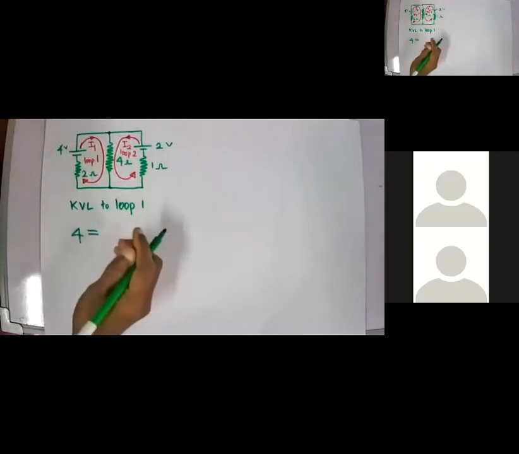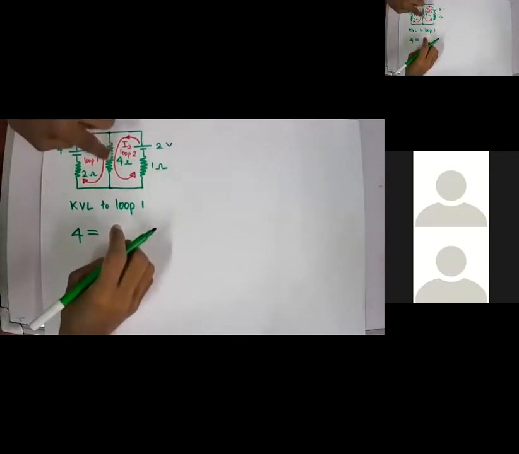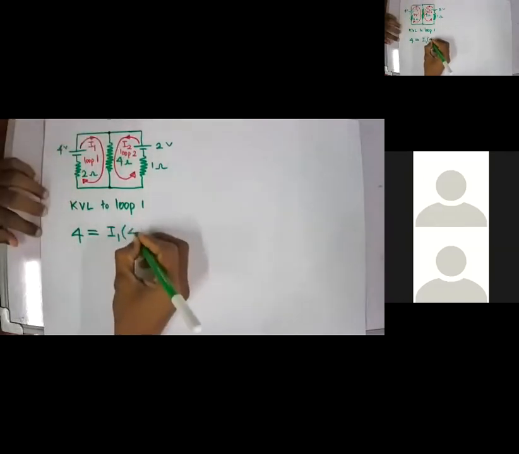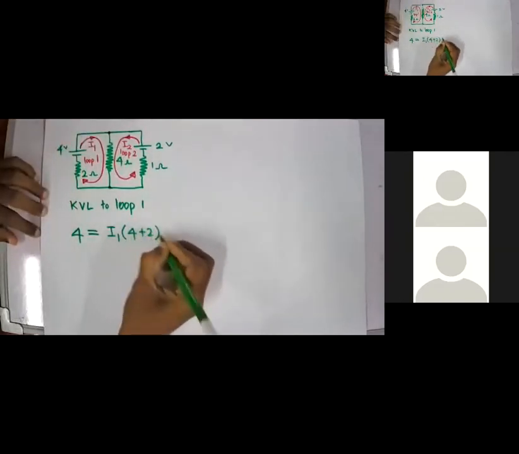So there is only one battery. Of course, the current is started from positive. So 4 equals, right? See here, the current I1 is going across the 4 ohm and 2 ohm in the same direction, right? So I could say I1 into this 4 plus 2, right?